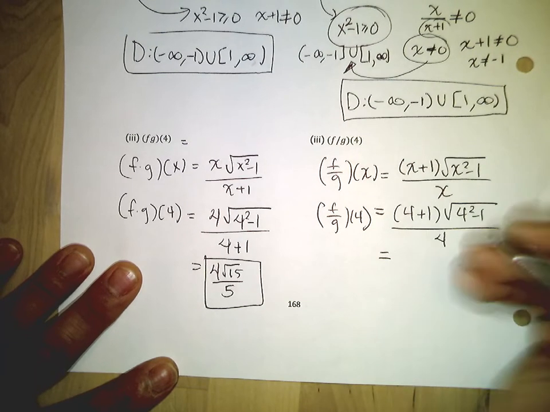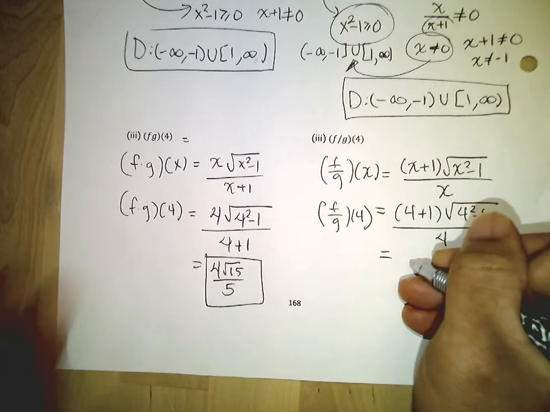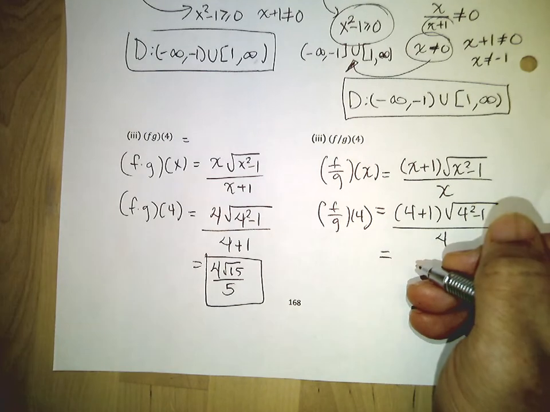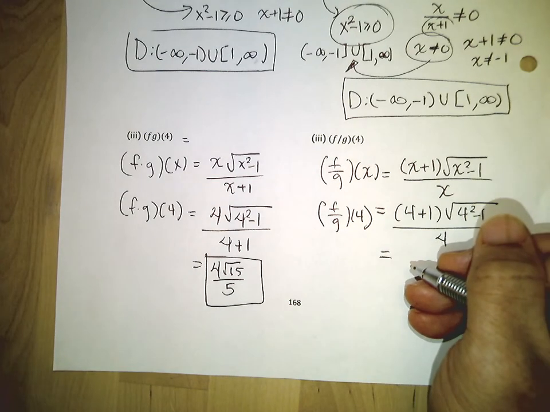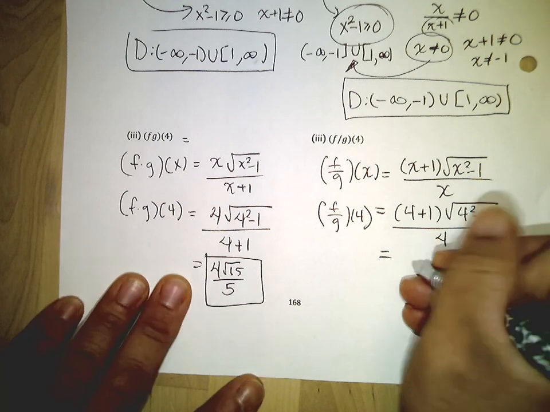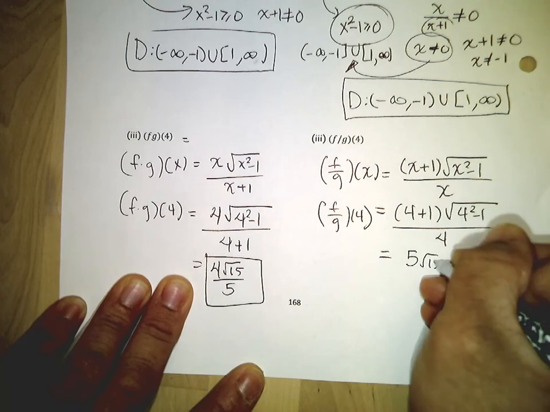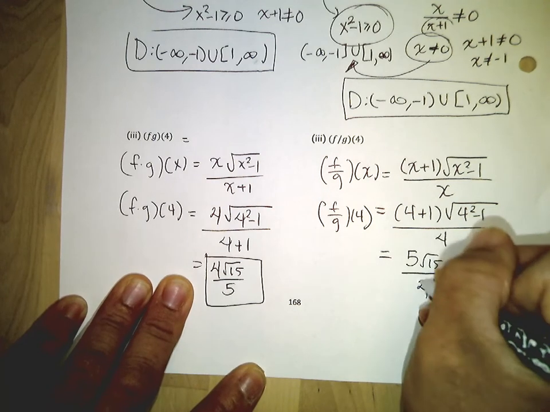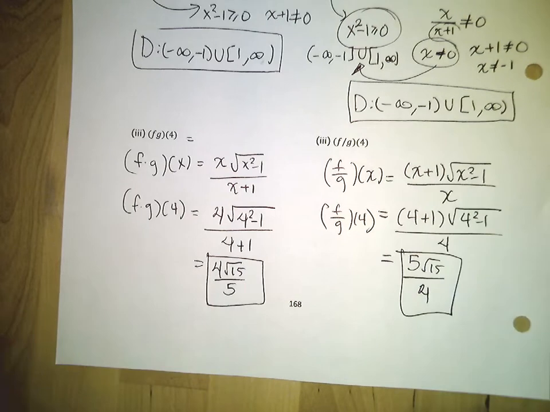And if I simplify this again, this is not meant to be discouraging or anything, but I think that you definitely can do the arithmetic here, and it's 5 square root of 15 over 4. What a time to be alive.